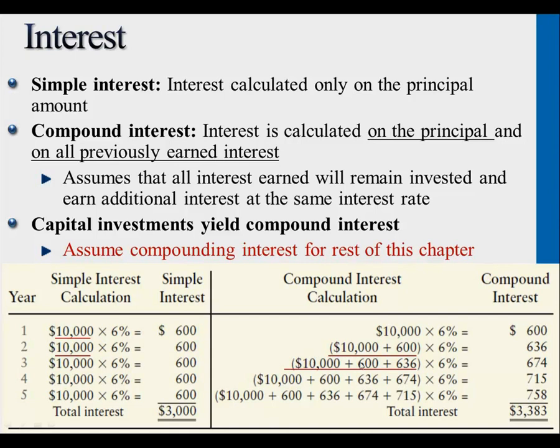We'll take 10,000 and add both previous years' interest, one is 600 and the other one is 636, because we're in year 3, right? And that's going to give us 674. Now, do you think you're going to be doing this crazy calculation? Absolutely not. We have tables that we will be using, all right? So this is for you to understand what's happening behind the scenes, okay? This is how we calculate the compound interest.